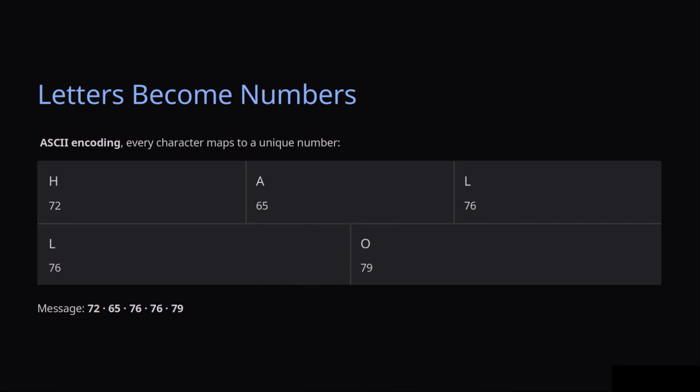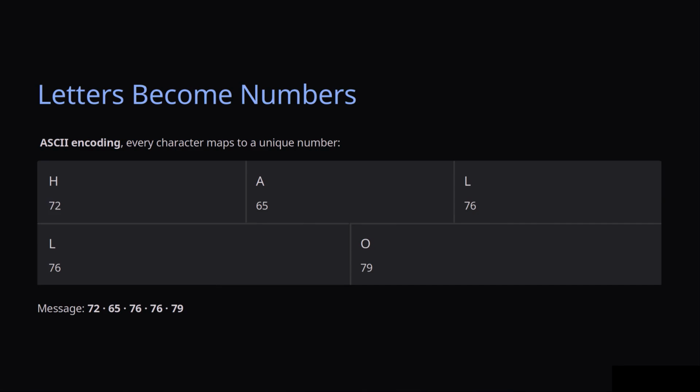So to transmit the message hello, we already have to encode it into the number order 72, 65, 76, 76, and 79. This is already harder to read for just the normal person, unless they know that we encode it in the ASCII code.